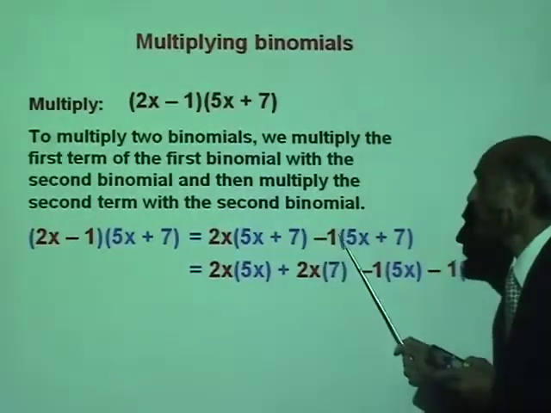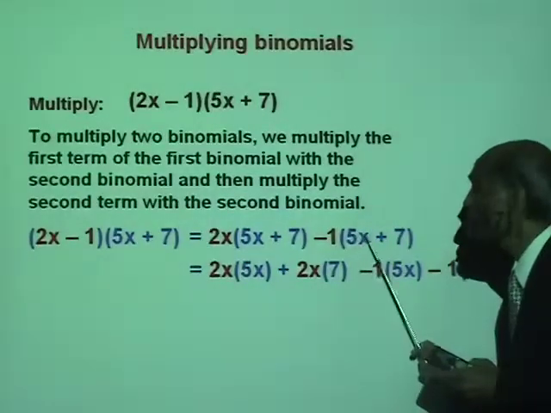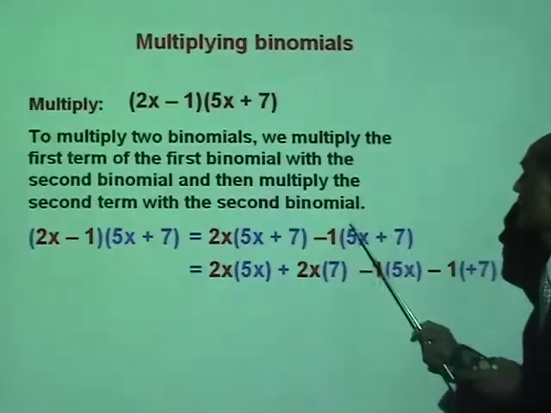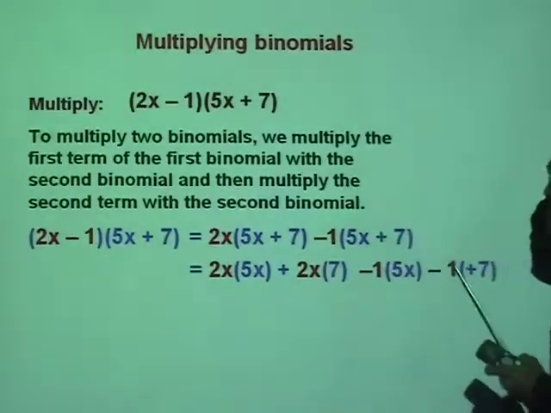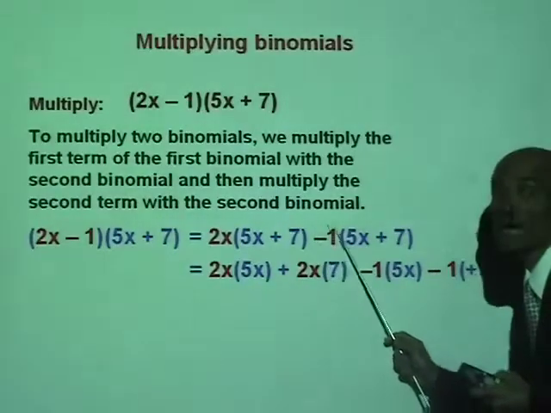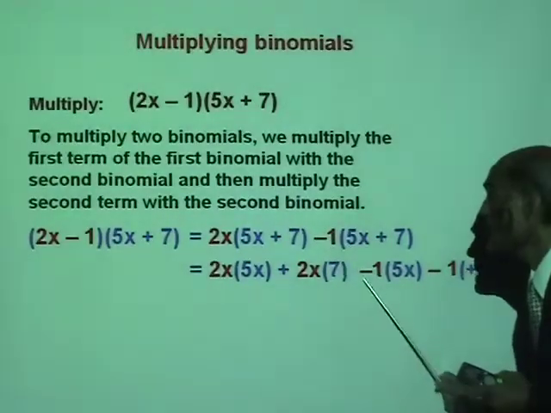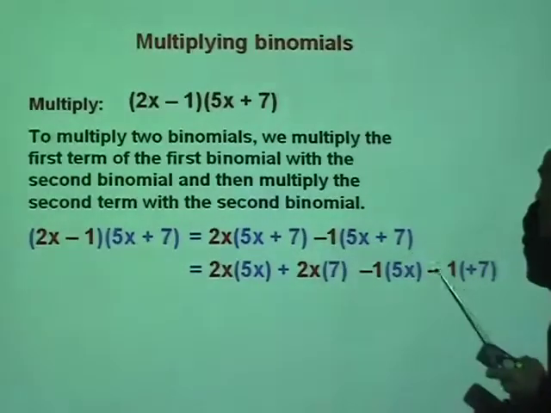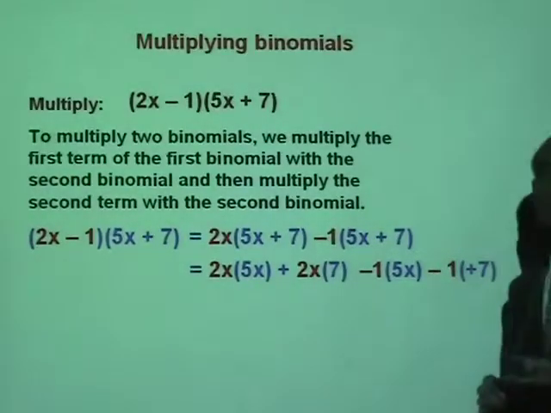Now multiply negative 1 with each of these. Negative 1 times 5x, minus 1 times positive 7. You notice that we are multiplying by negative 1.